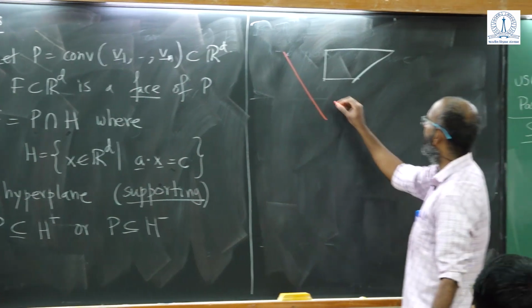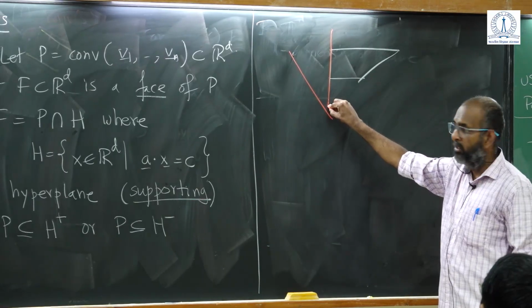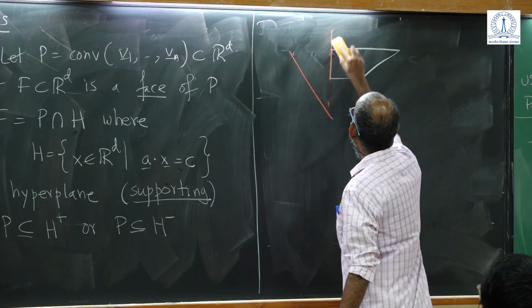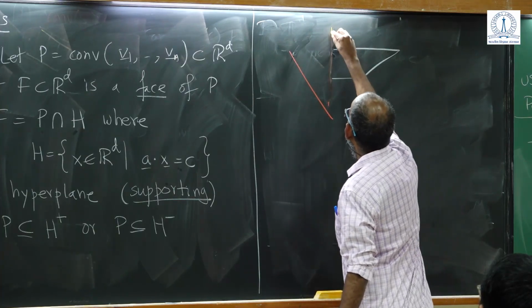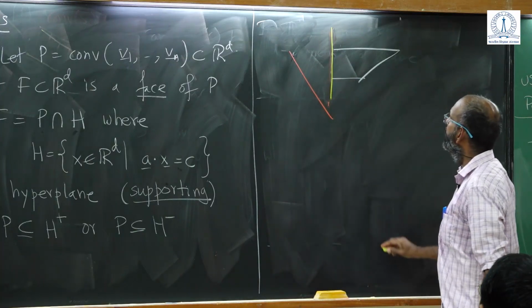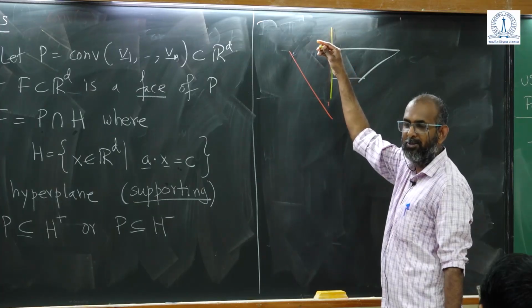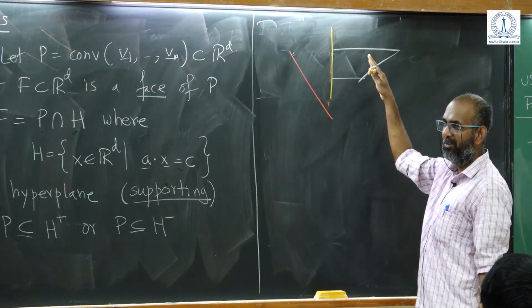But can we have a simpler or more useful example? Y equal to 0. So if I take y equal to 0, I take this, right? So maybe I should use another color. Okay, so x equal to 0.